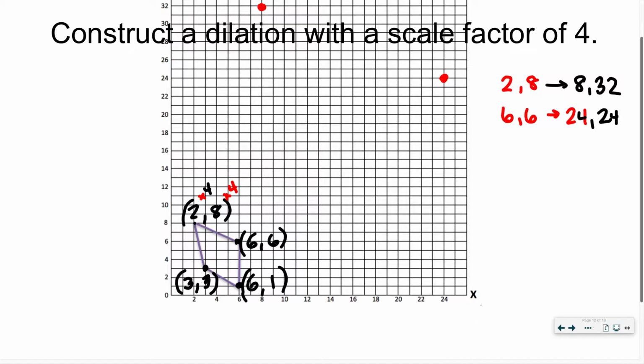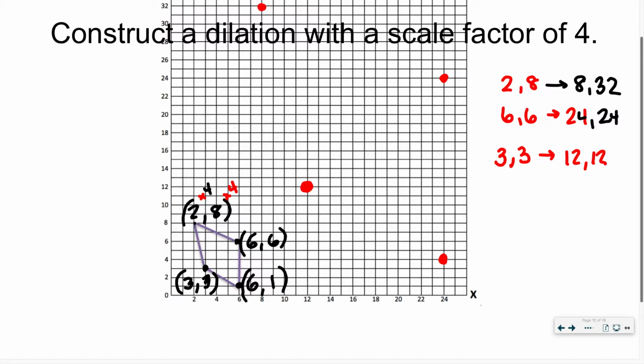Who has another one? 3, 3 became 12, 12. That's all fine. That's 12, 12. Here. And how about 6, 1? 6, 1 became 24 and 4. Good. 24 and 4. So where x is 24, y is 4.